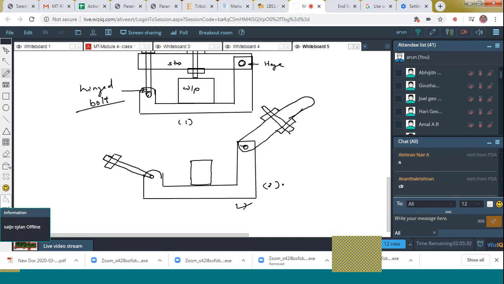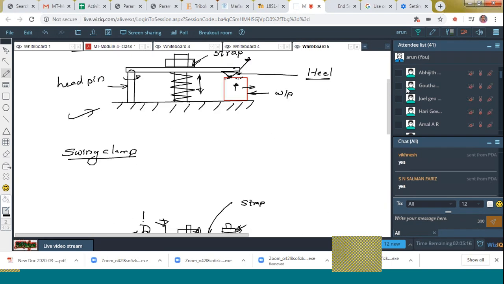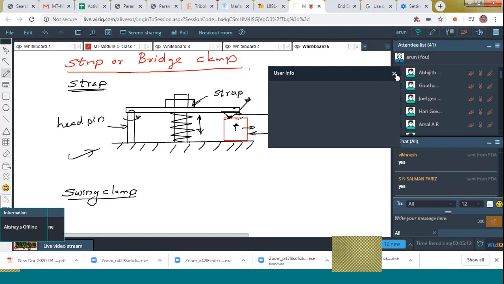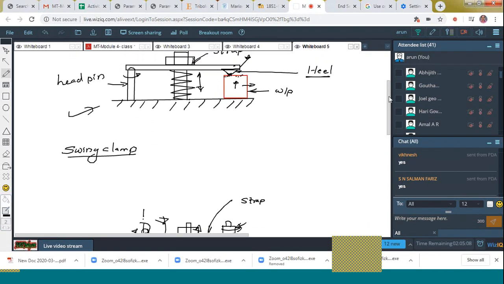Next, have you noticed the milling machine or drilling machine? In those cases, we are measuring the top surfaces. So by means of these clamps, so far we learned, can I measure the top surfaces?